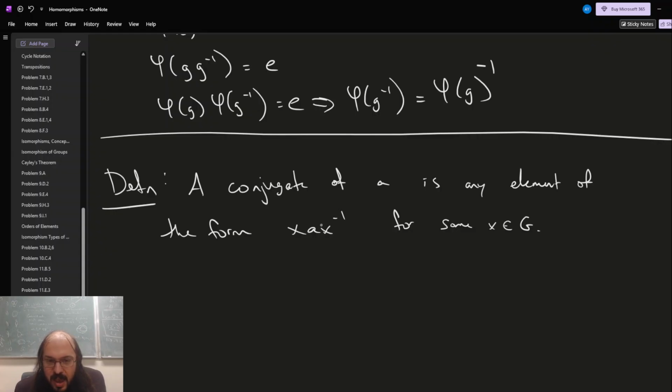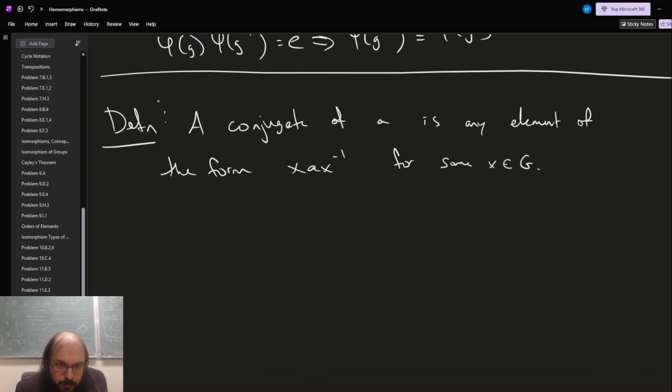Now we just say if you are conjugated by something, you are a conjugate of that something. Seems straightforward enough. Part two of our definition then, extending this slightly.